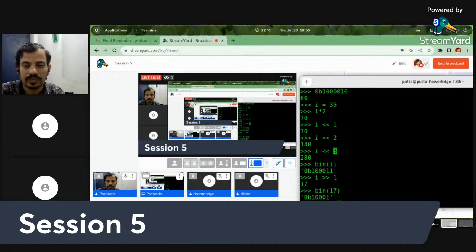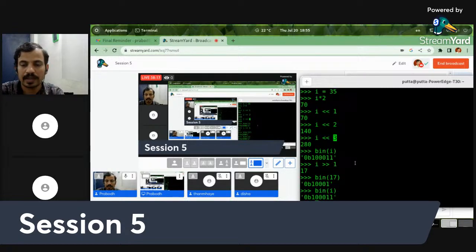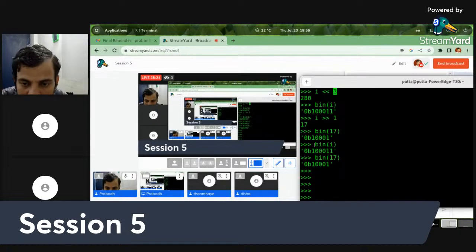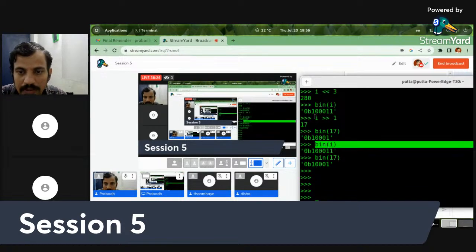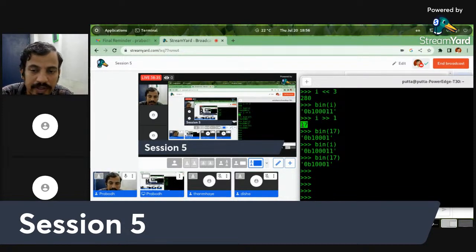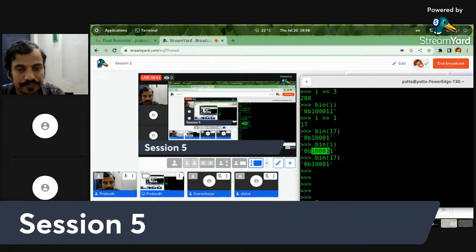BIN of I. Can you see these operations? So when I do I right shift by one position, I's value was 35. When you do a right shift, we get the value as 17. So how is that? We have 1 followed by 3 zeros and 2 ones.